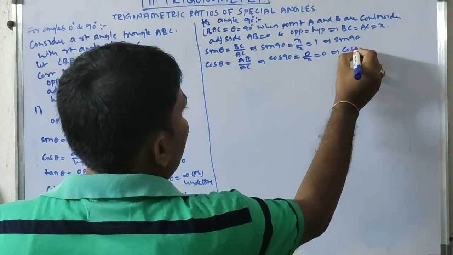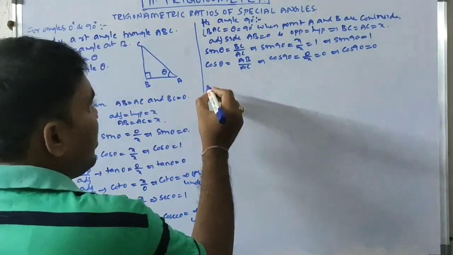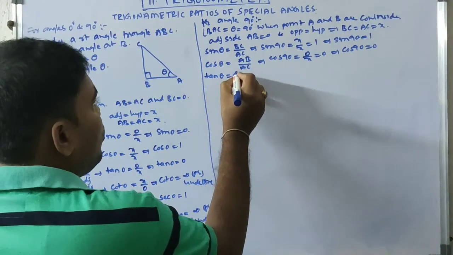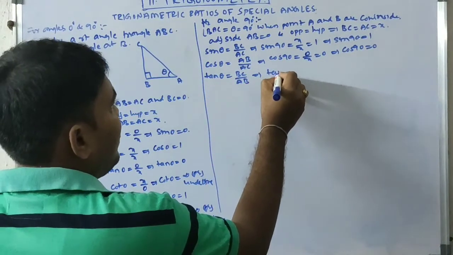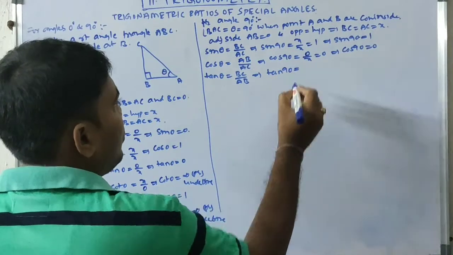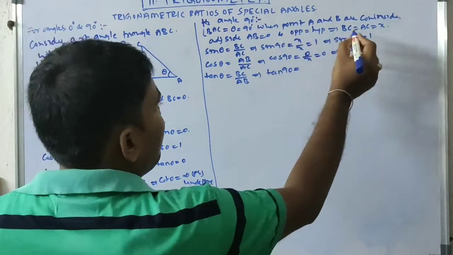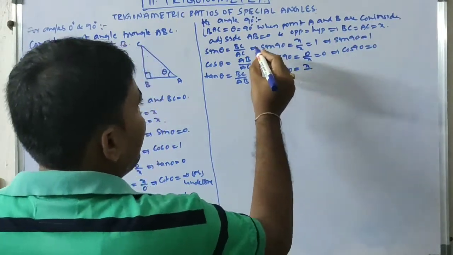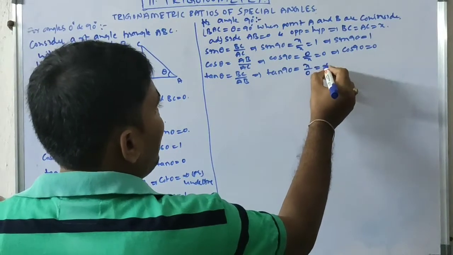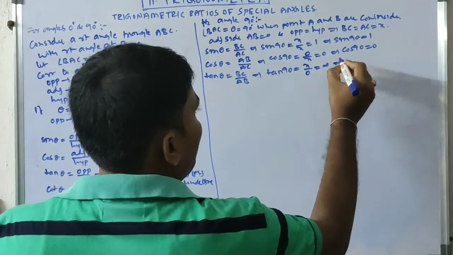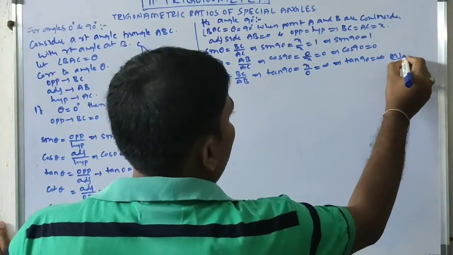Cos 90 is 0, sin 90 is 1. Next, tan theta is opposite BC by adjacent AB. BC is equal to x and AB is equal to 0. Something by 0 is infinity or undefined, so tan 90 is infinity or undefined.